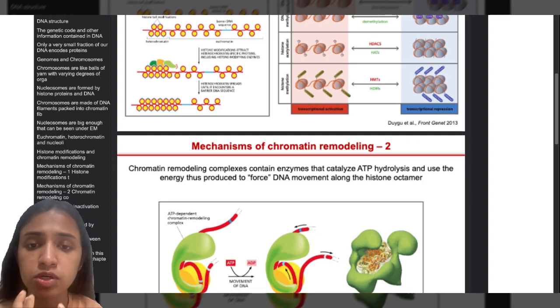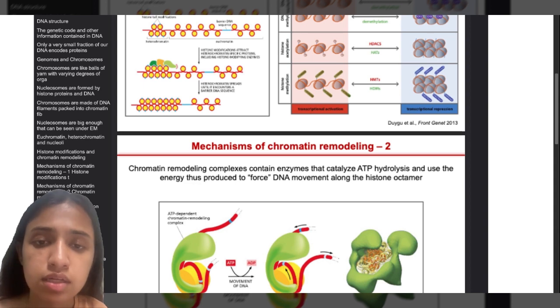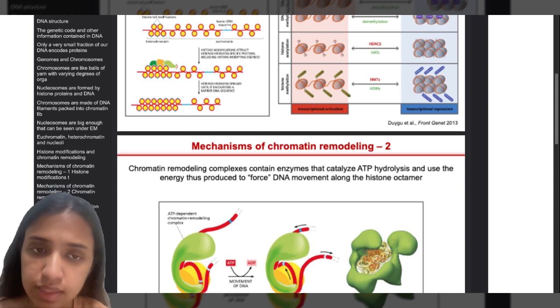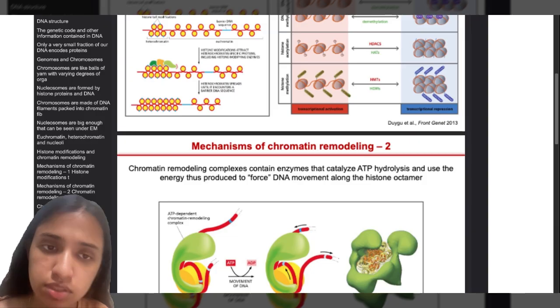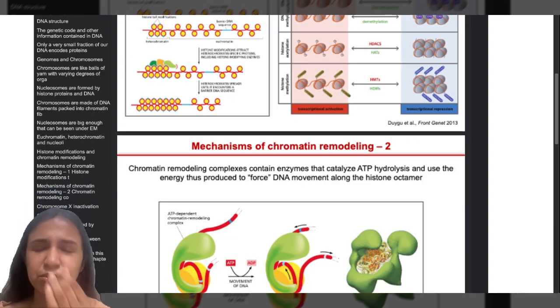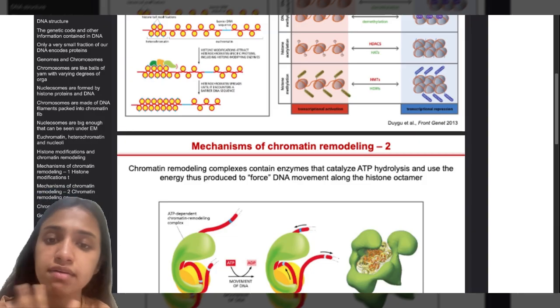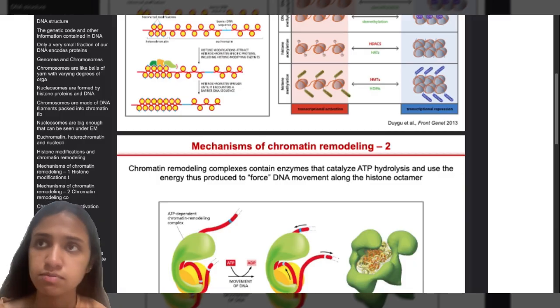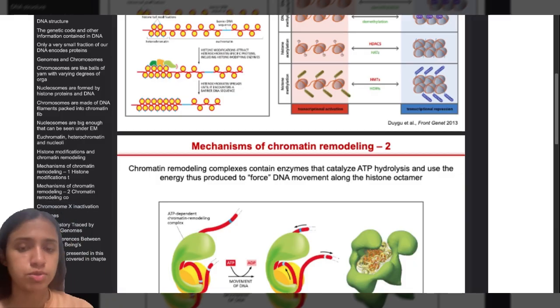So the chromatin remodeling complexes have these enzymes, and they are the ones that catalyze the breakdown of the ATP to give energy, and hence DNA movement is forced along the octamer.